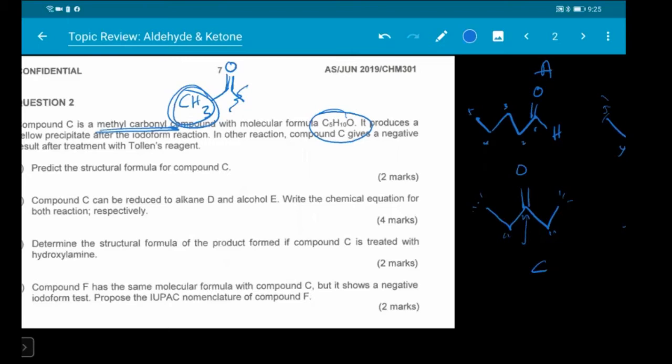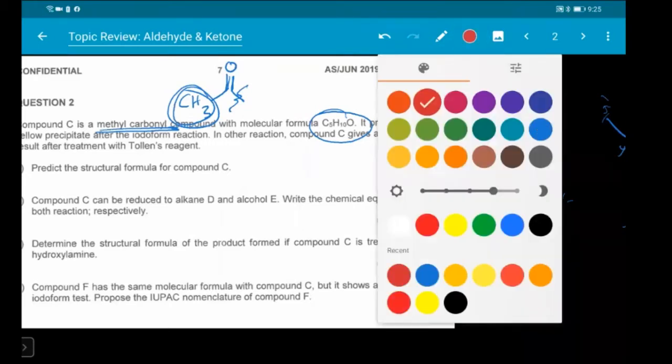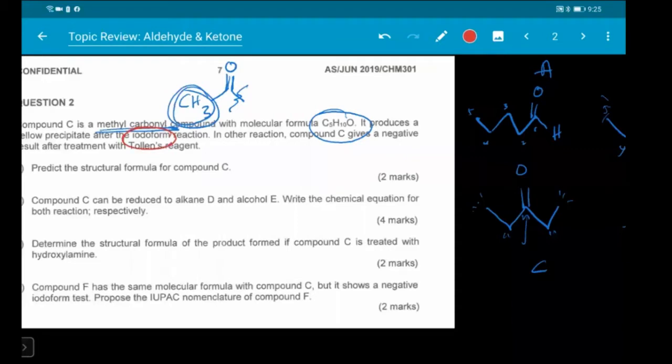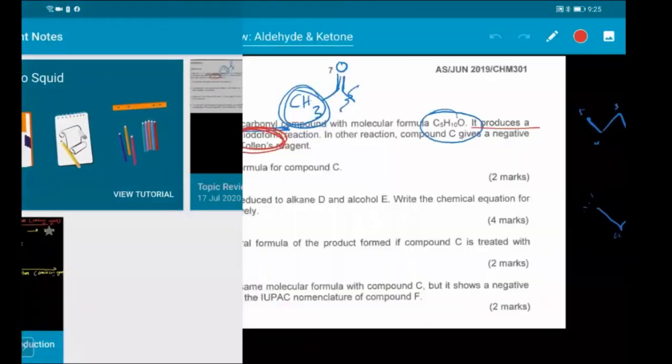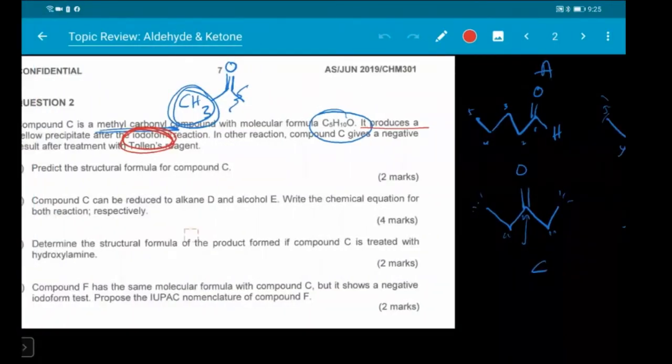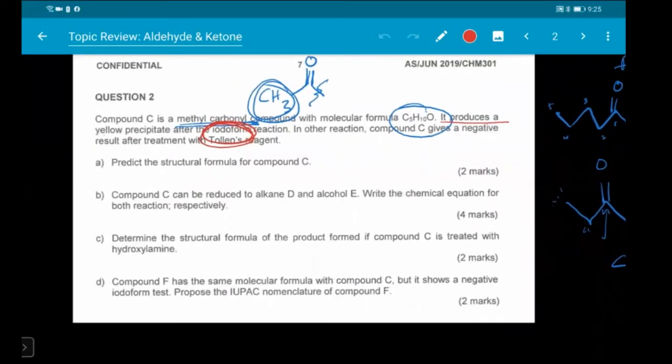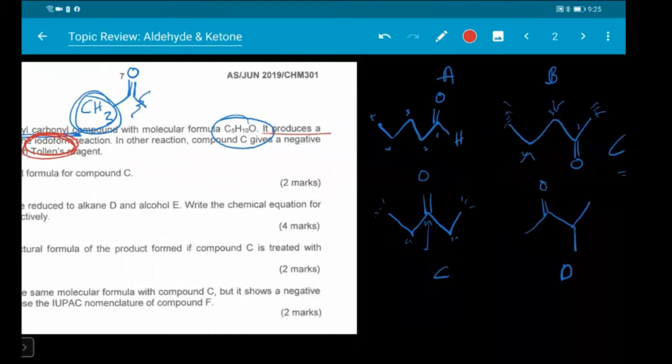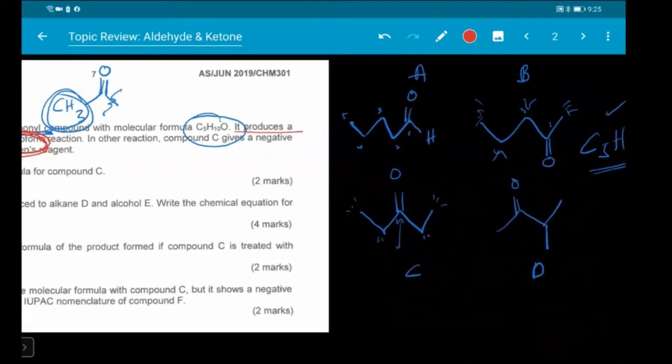Because we are referring to iodoform test. Okay, from the question, it produces a yellow precipitate after iodoform reaction.